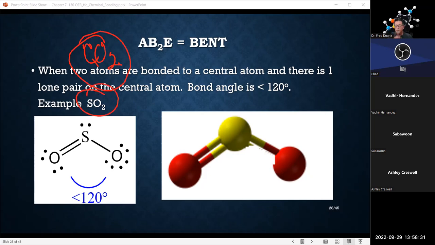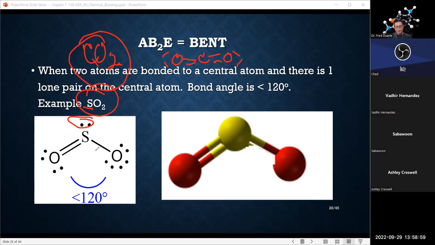And what we think, okay, well, maybe because we just did CO2, maybe SO2 would have the same formula or same structure, and that's not the case, right? Why? Because sulfur is in a different group, group 6, than carbon is, and so it's going to bring more electrons to the table, so to speak, right? And sure enough, when it does that, it's got a lone pair sitting right there.